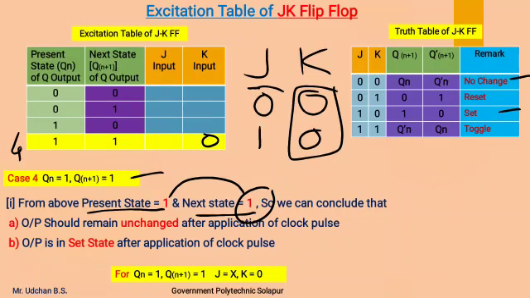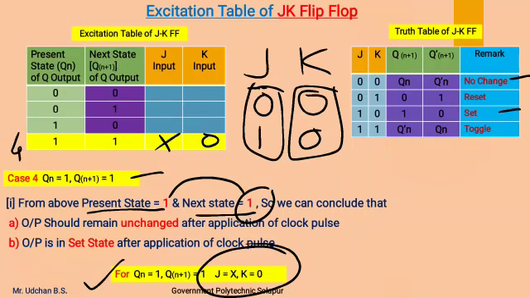For first conclusion it is 0 and for second conclusion it is 1, so I will write a don't care condition in the column of j input. So for Qn 1 and Qn plus 1 1, the value of j is don't care condition, that is 0 or 1, and the value of k is 0.